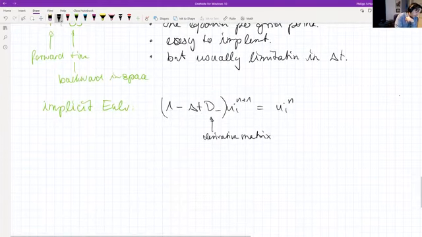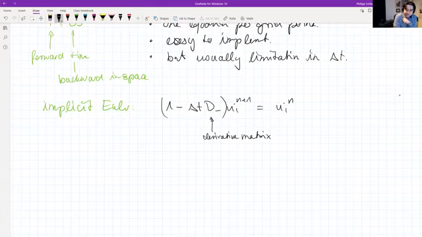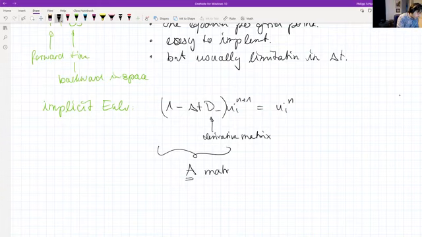If you do that, it's quite straightforward that you will see that this is the actual result. And now what you see, and that's my point here, is that 1 minus delta t times this derivative matrix constitutes a matrix, which I can call A, for instance. If you write it up as a matrix vector multiplication, this would be a matrix.